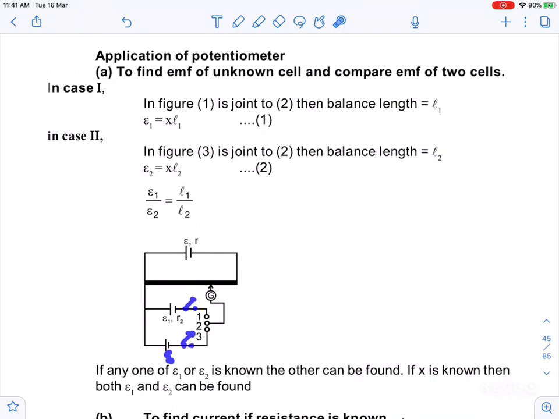Actually here you will use two switches, one switch you will put here and one switch you will put here. Let this be E2 R2, and the other E1 R1.